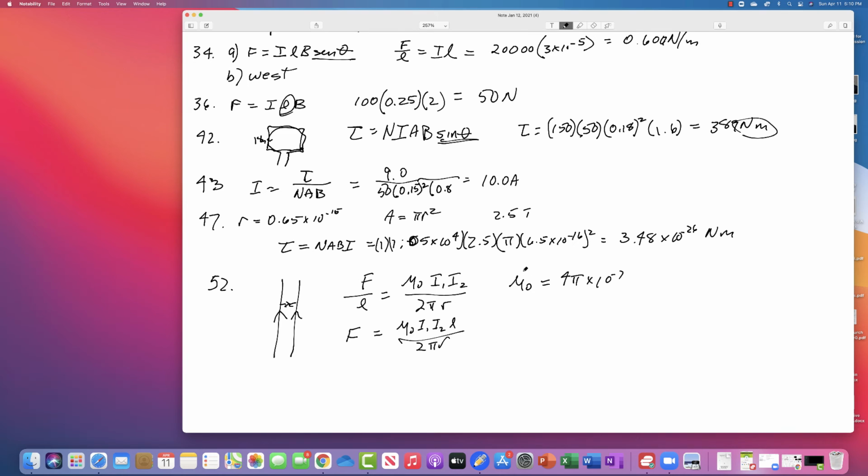And so if we rearrange this to solve for I2, you end up with 2 pi r, that's multiplying over here, times the force, divided by, so you move this over here, and then you divide by everything here except for I2, so it's going to be mu0 I1 L. So it's going to be 2 pi times the distance between them, which is 0.05, excuse me, and the force was 4 newtons, and on the bottom, it was 1,000 for I1, the length was 2.5 meters, and mu0 is 4 pi times 10 to the minus 7.